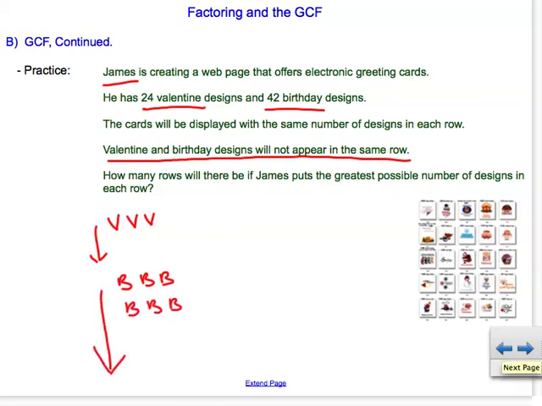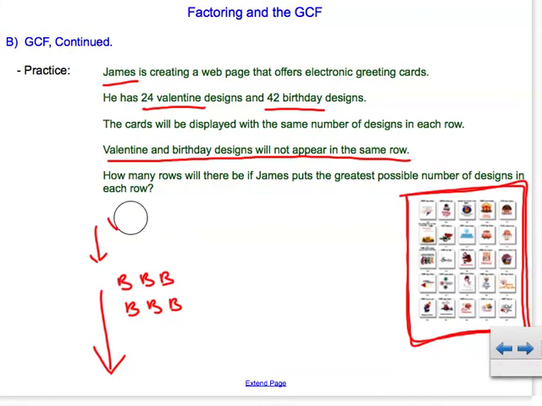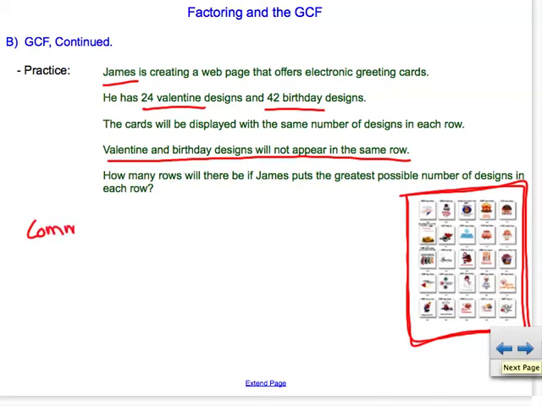And he wants to make some sort of rectangular diagram that looks kind of like this. How is he going to split up his rows? He could do many different options. Something that they might both have in common as a factor, a common factor for both 24 and 42, I guess, would be 2.